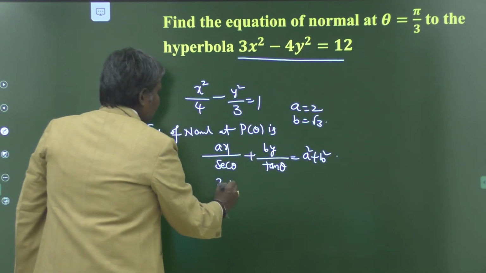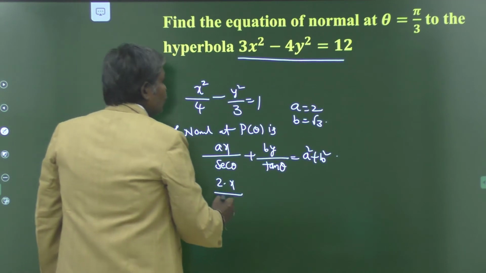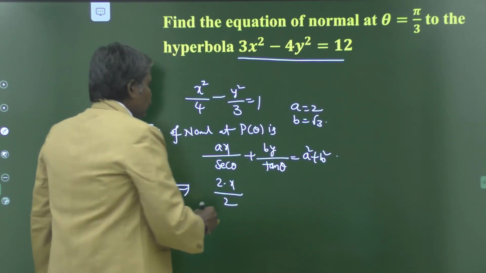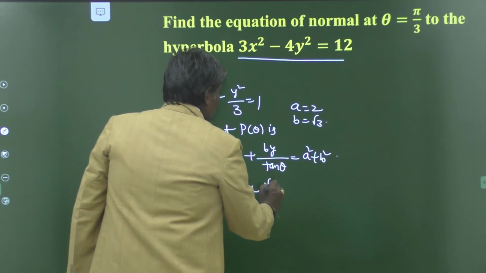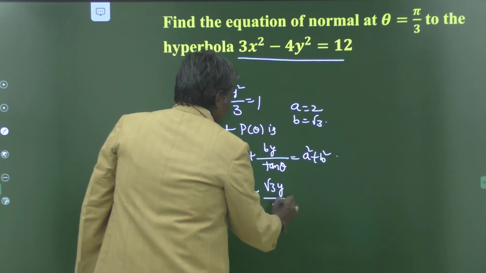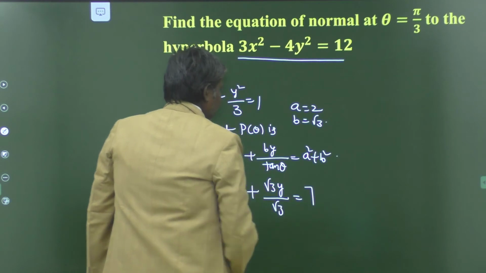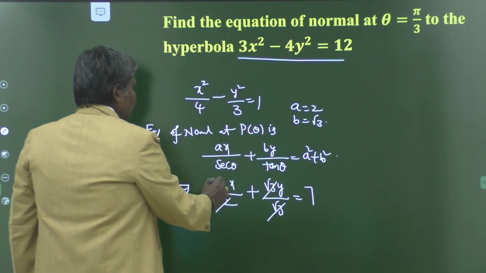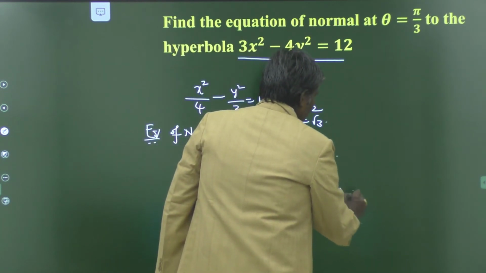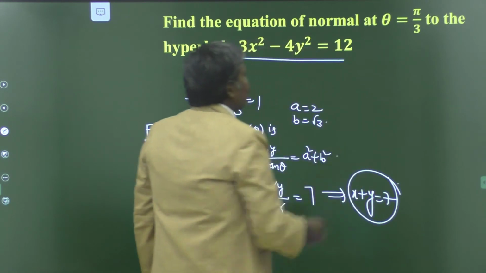So 2 times x by sec 60°, that is nothing but 2 times cos 60°, which is 1/2, sec 60° is 2, plus b is √3, √3y by tan 60°, that is again √3, equals a² + b². 4 plus 3 we have 7. √3 gets cancelled, 2 gets cancelled. x + y = 7.